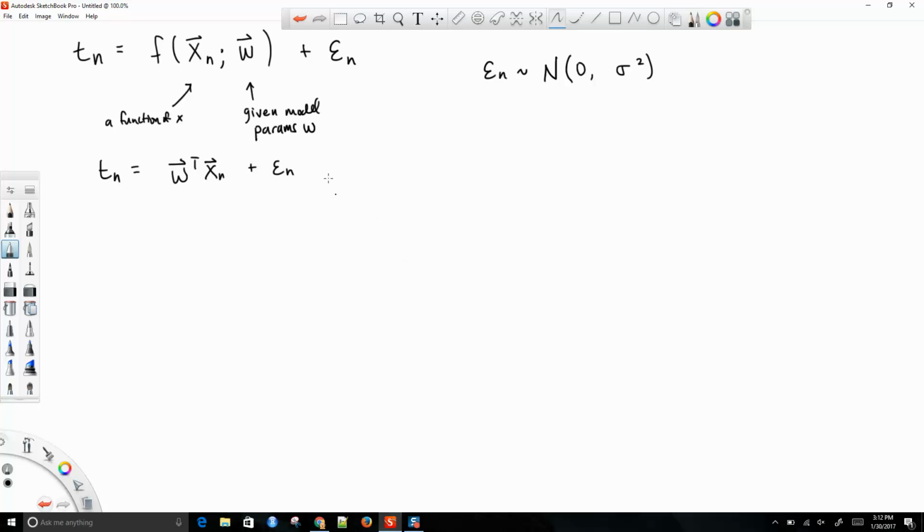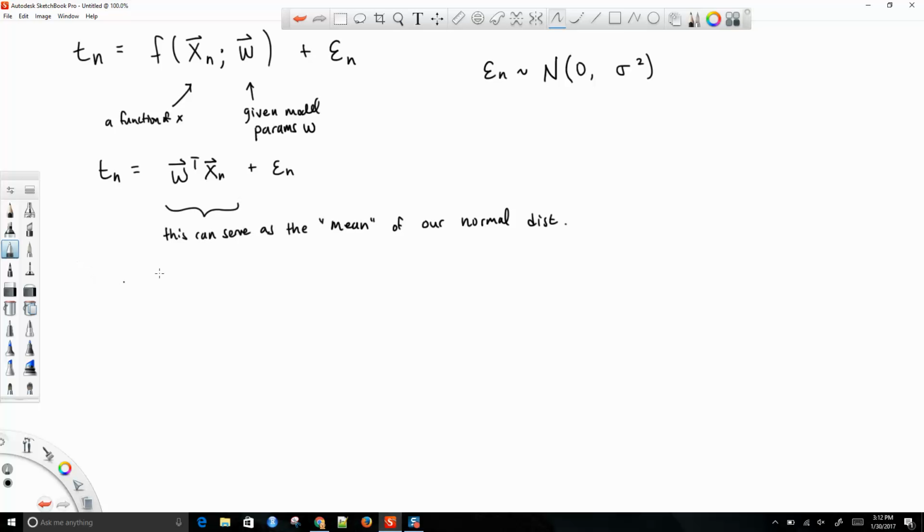Okay, and because this is now the normal distribution, this is going to serve as our mean, the quote mean of our normal distribution.